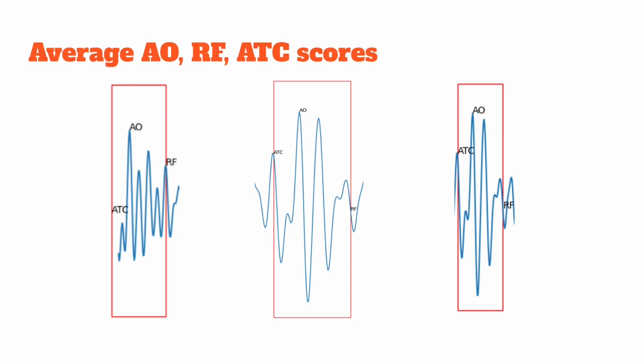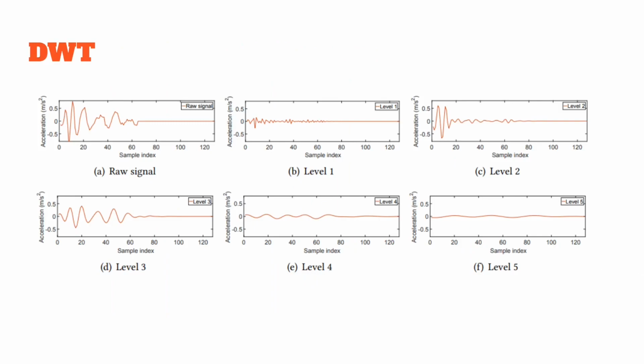Therefore, we switched to using discrete wavelet transform, DWT, to extract features from the SCG signals. The DWT decomposes SCG signals into 5 levels, with level 1 to 5 representing signal components in the frequency range of 25 to 50 Hz, 12.5 to 25 Hz, 6.25 to 12.5 Hz, 3.13 to 6.25 Hz, and 1.56 to 3.13 Hz.